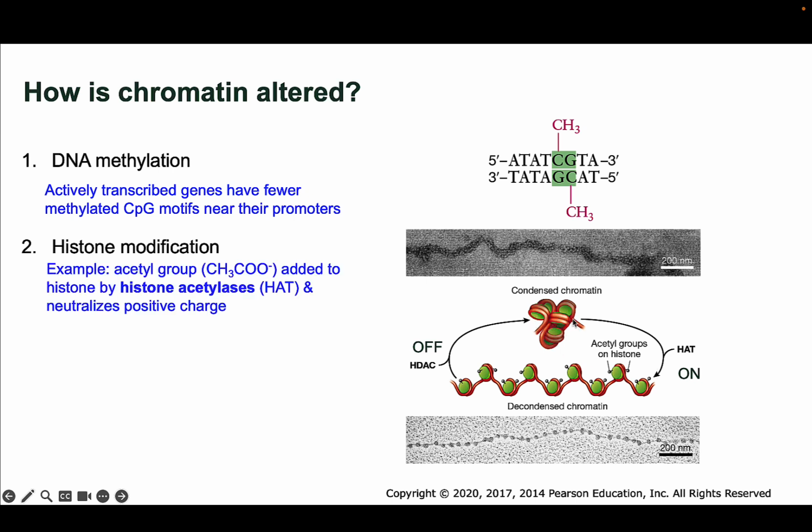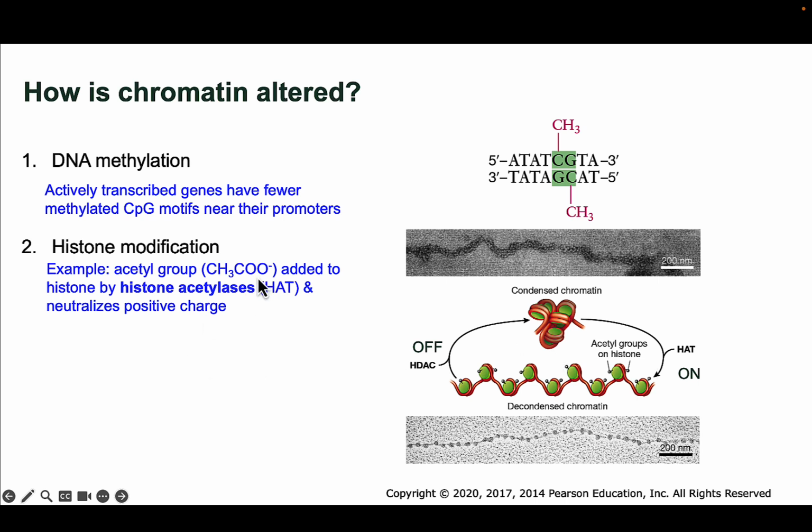And an enzyme called histone acetylase, or just shortened to HAT, can actually add an acetyl group, which is CH3COO-, to the histone. So the acetyl group is, because it has this methyl group here, which is neutral, when it's added to the histone, right, it neutralizes those positive charges.